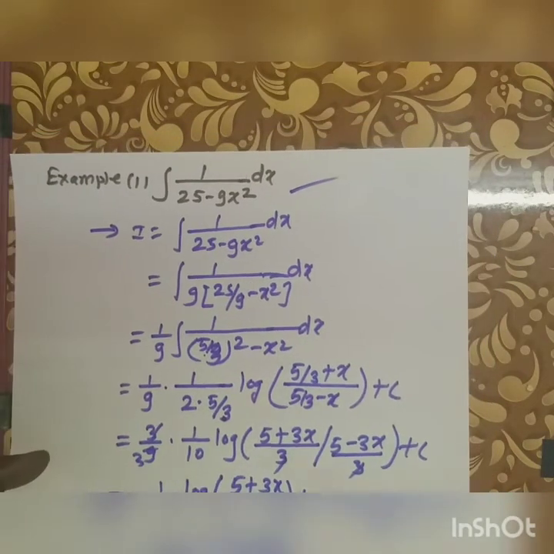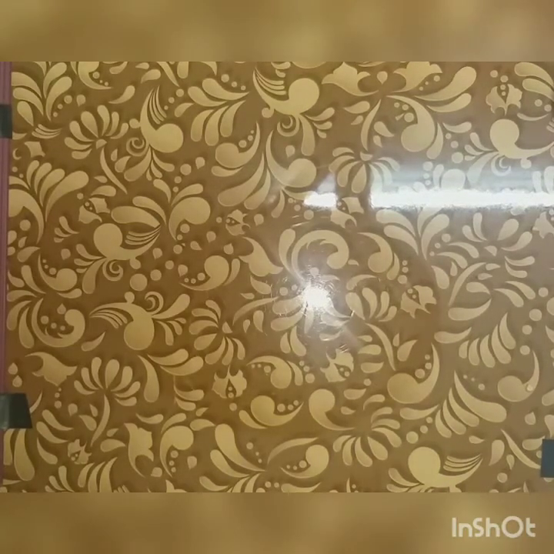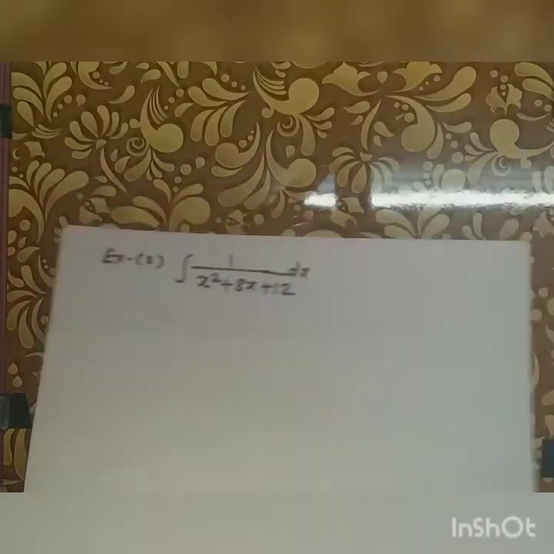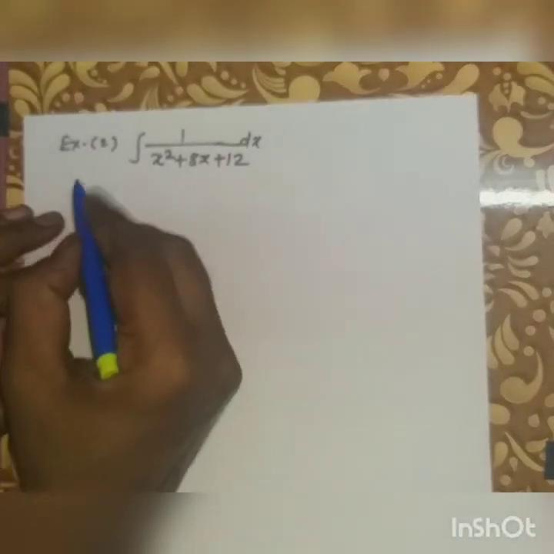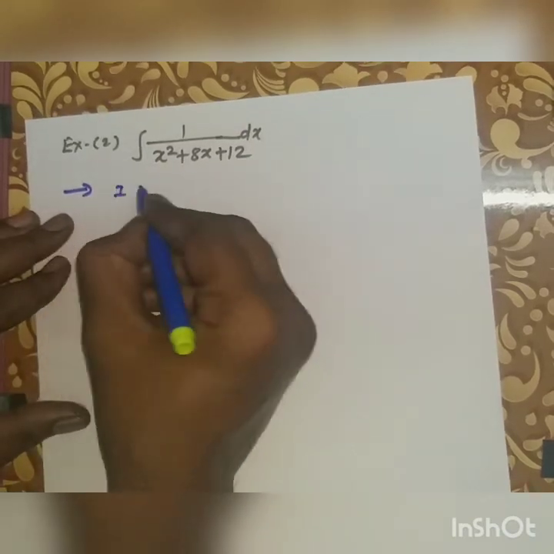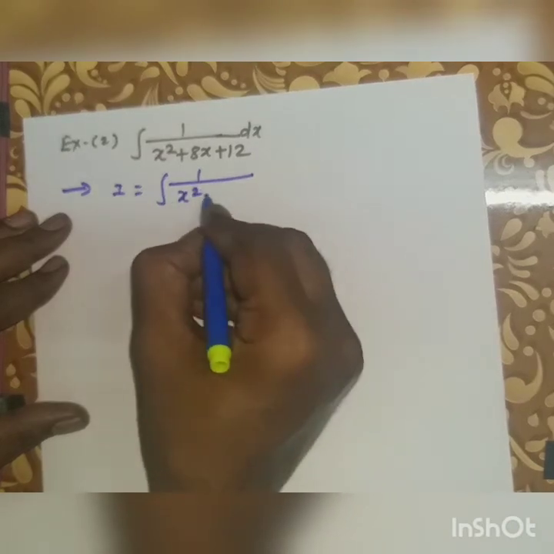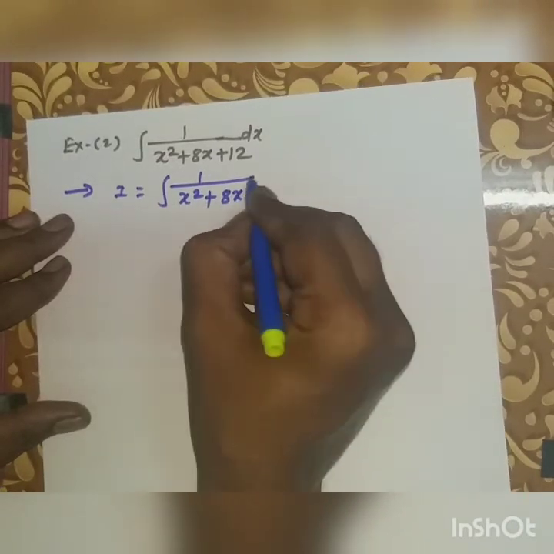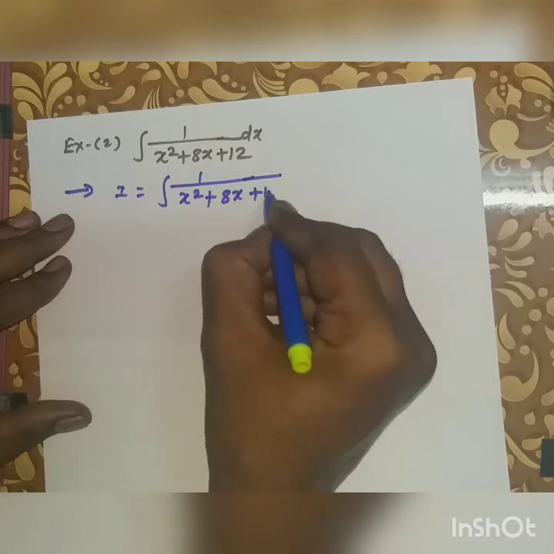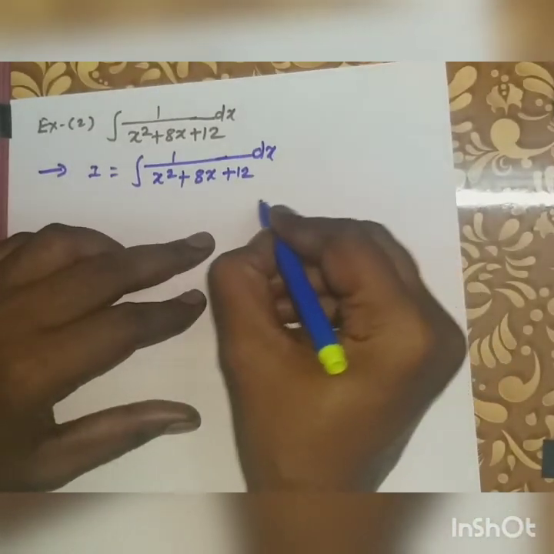Now the first problem is very easy. We cannot adjust the third term. Example number second. 1 divided by a quadratic equation is given. I is equal to integration of 1 divided by x square plus 8x plus 12 dx. Now we find the third term.